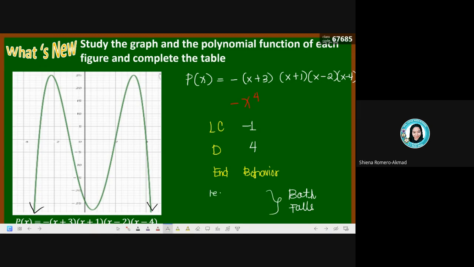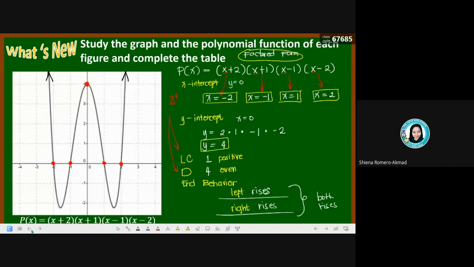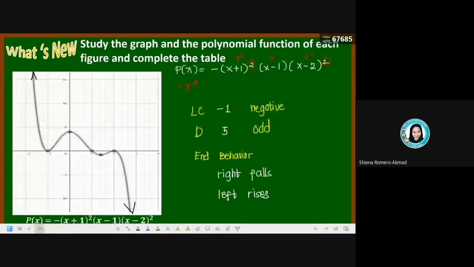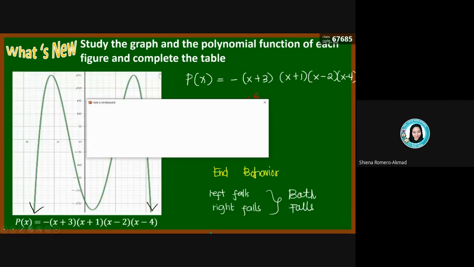Because the left falls and the right falls. Okay? So, pag tinignan natin yung apat, ano yung mapagtatanto natin? So, let us have another page for that.